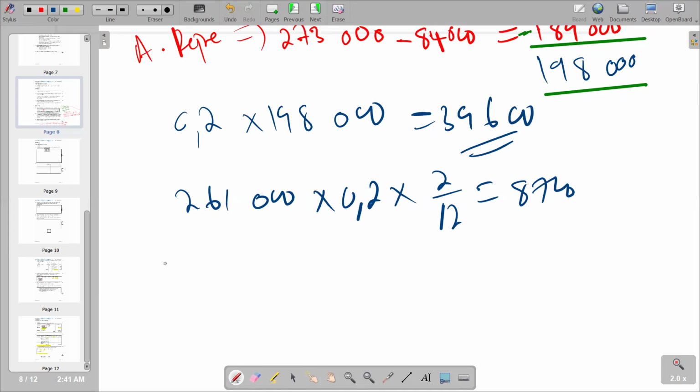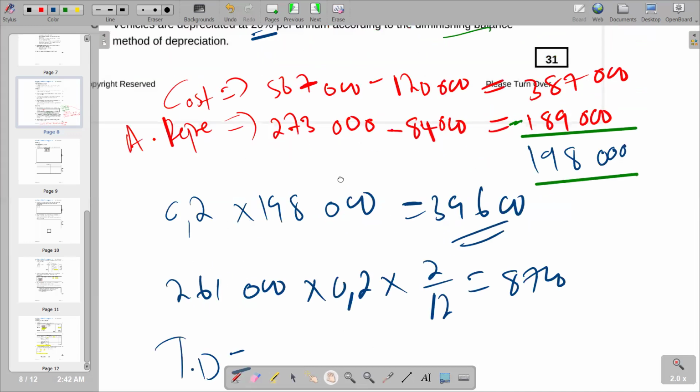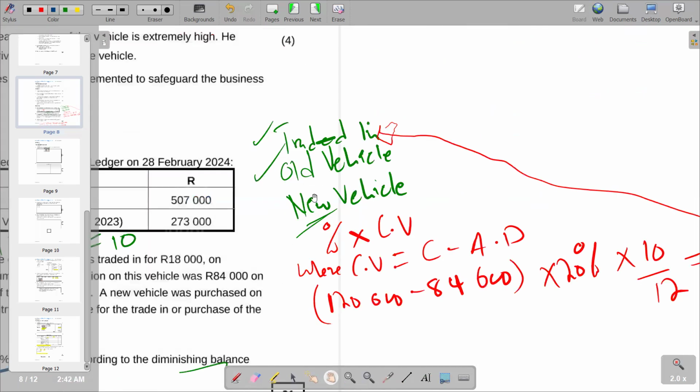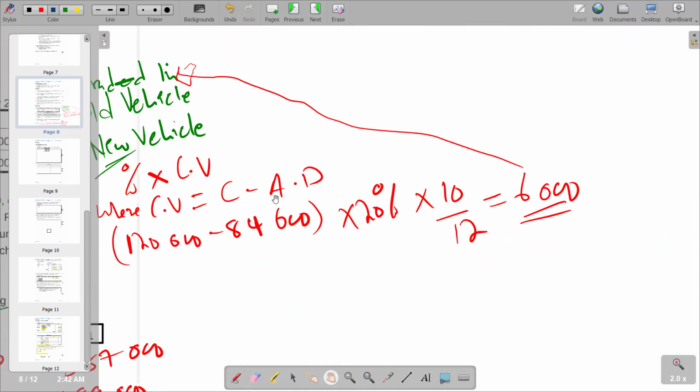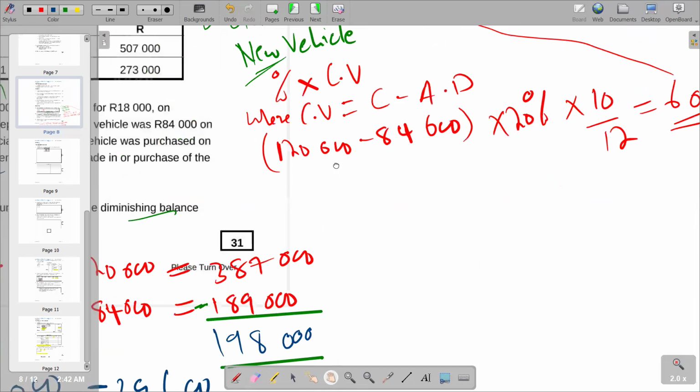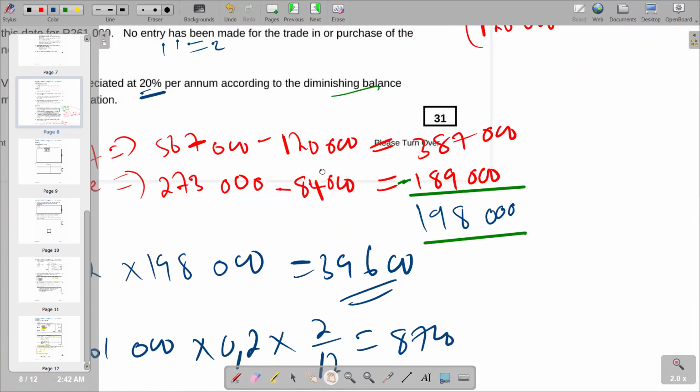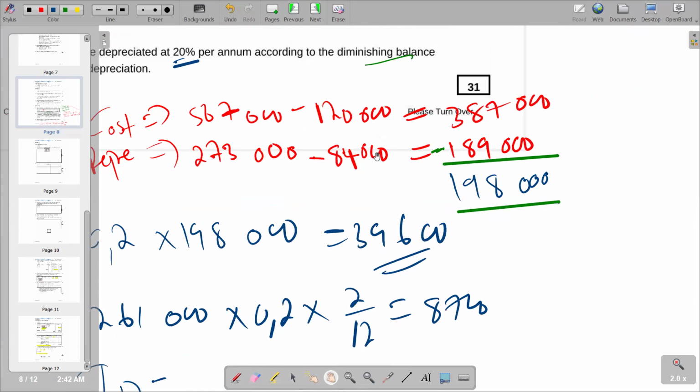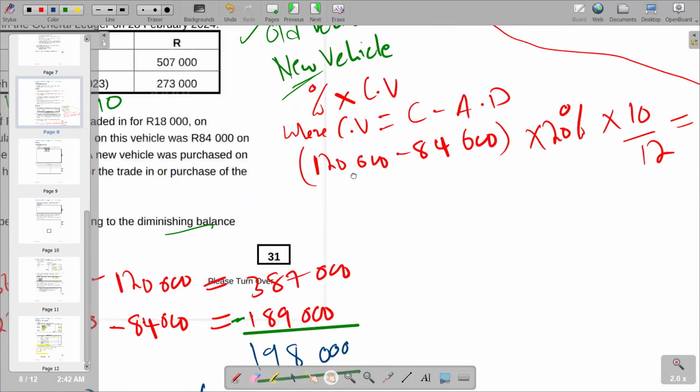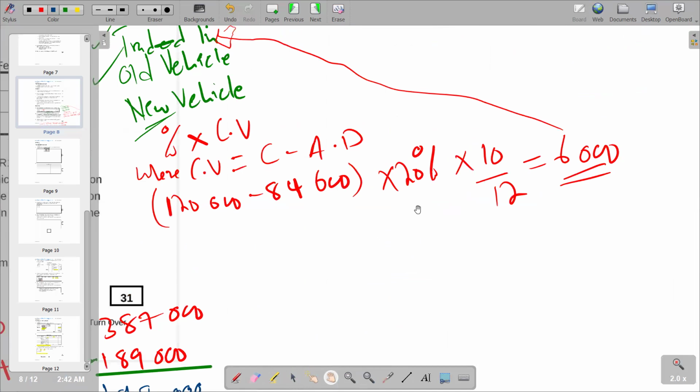So total depreciation now. All this working, you were supposed to do it, and then we are saying now total depreciation. We are saying the depreciation that we have for the traded in vehicle, we got 6,000.